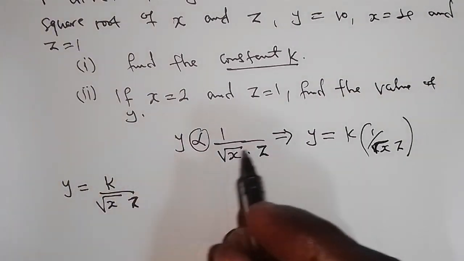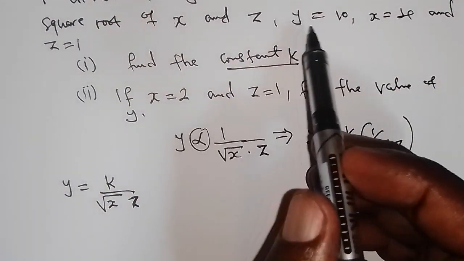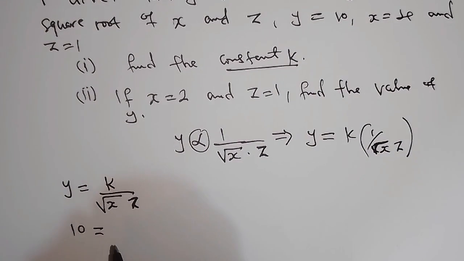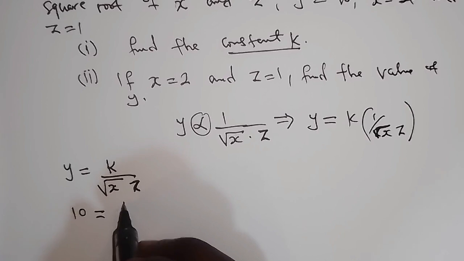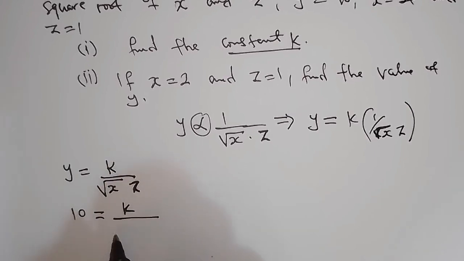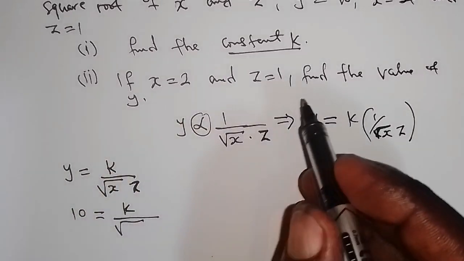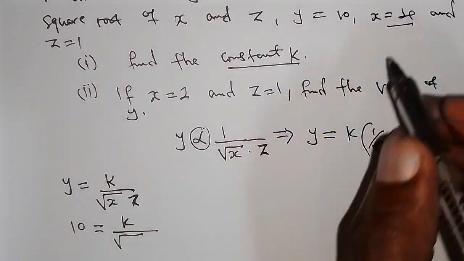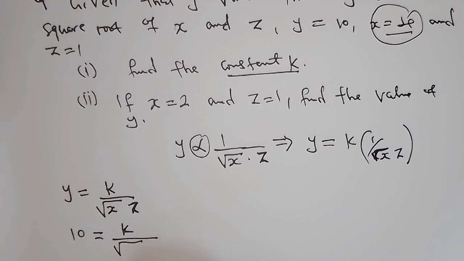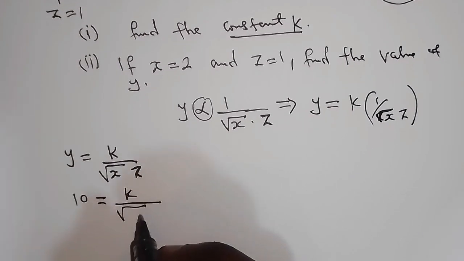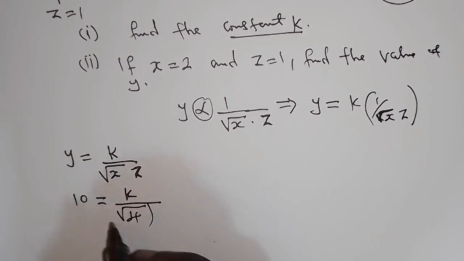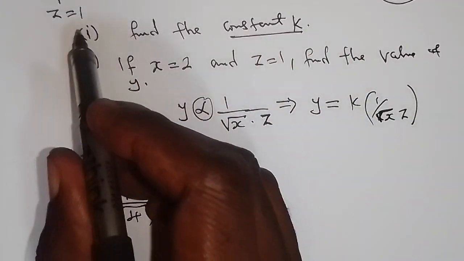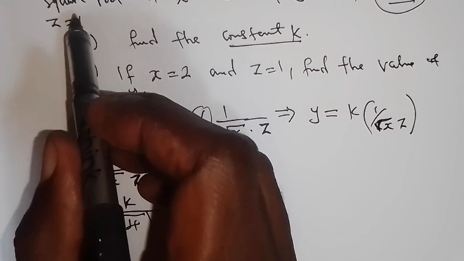So now we know that the value of y is 10, so you replace 10 equals k is what you are looking for, and the root of x, where x is 4, and I multiply by z, and z is just 1.